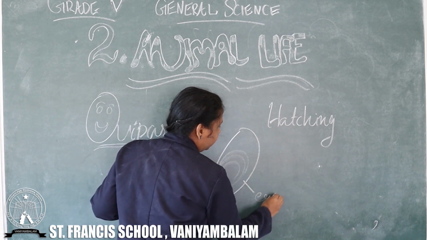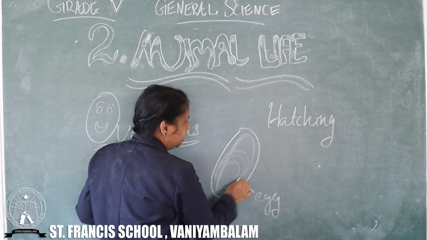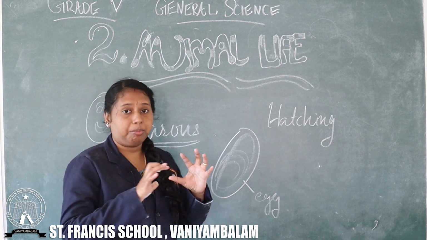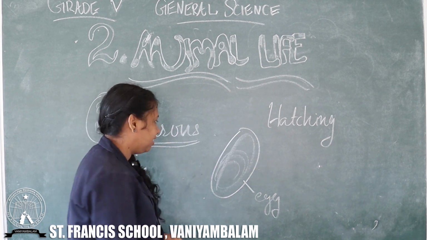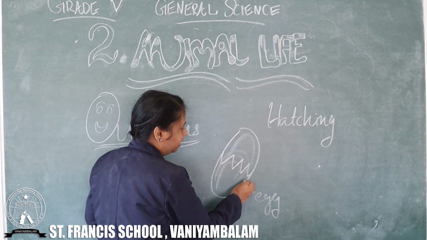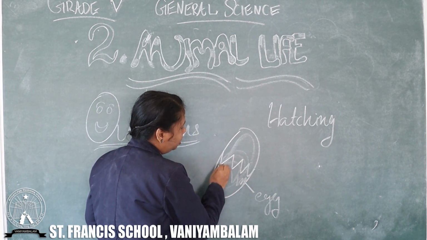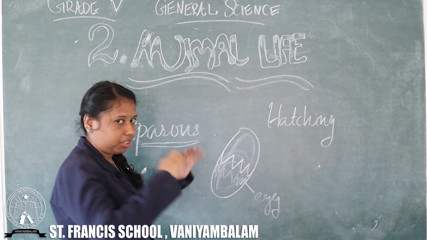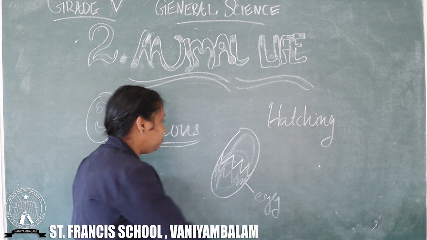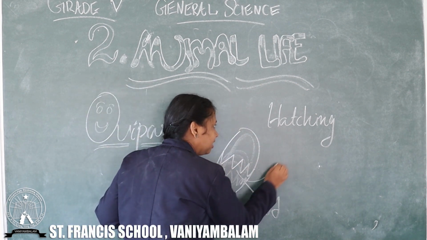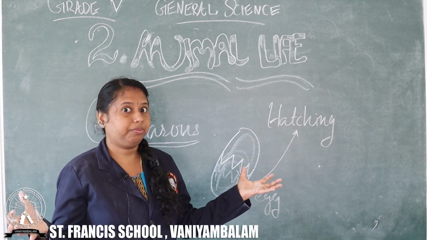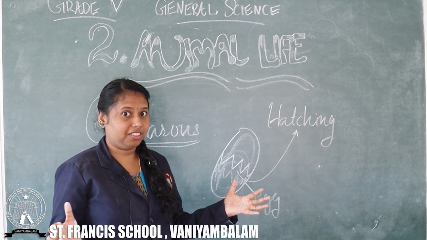After complete development, what will happen? The egg will break and the cute babies will come out. That process is known as hatching. So, we can say the babies hatch out.